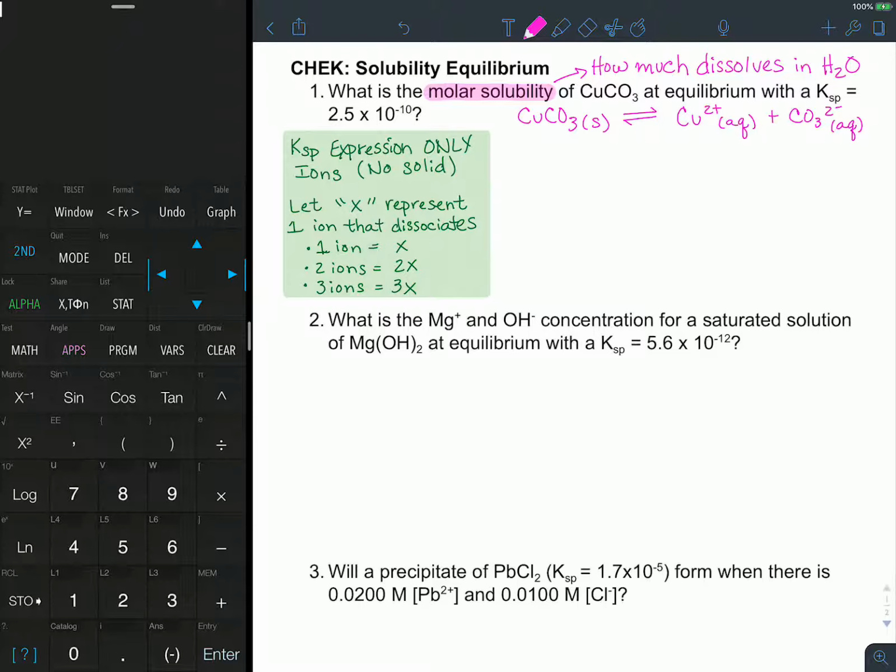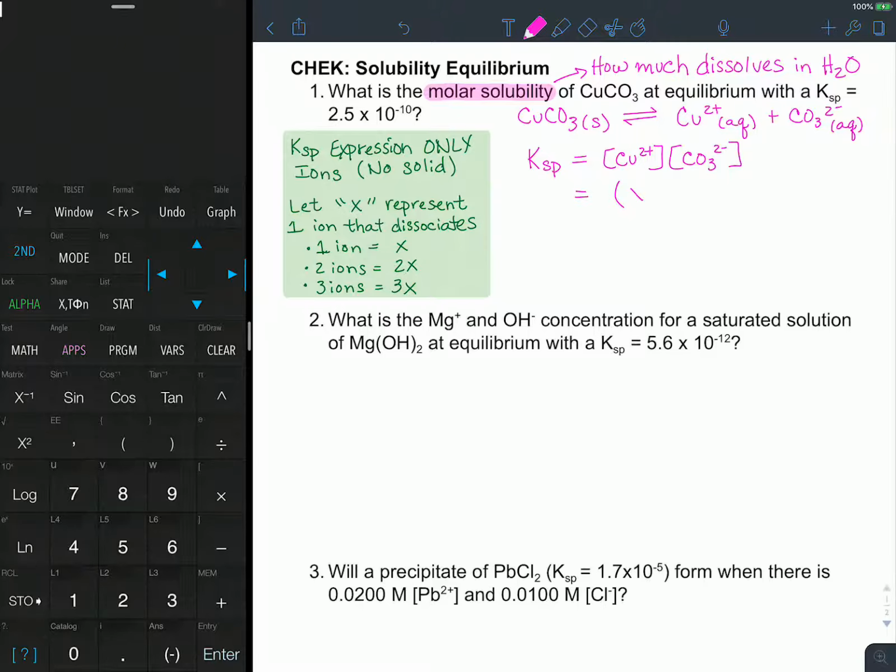In this case, KSP is equal to the concentration of copper ions times the concentration of carbonate ions. The standard way to write this is always that those ions are the products because we are dissolving this particular compound.